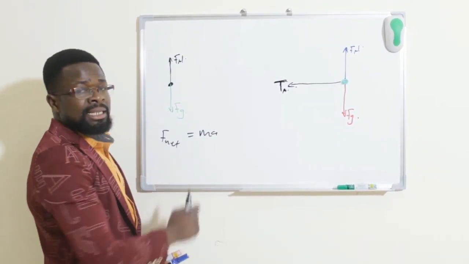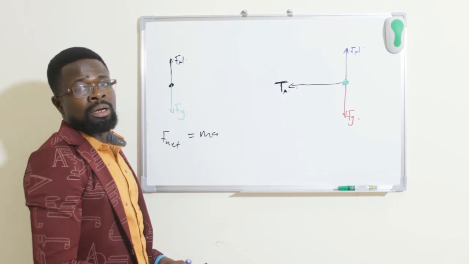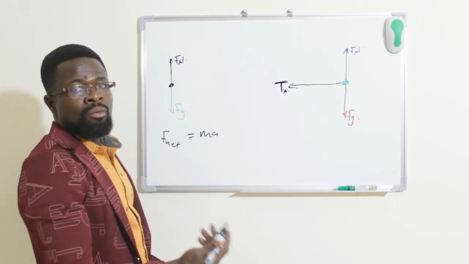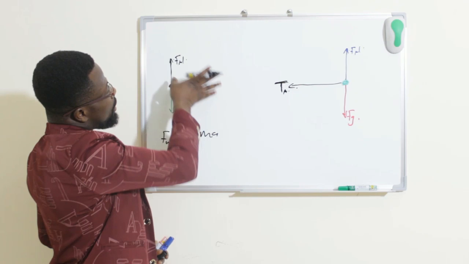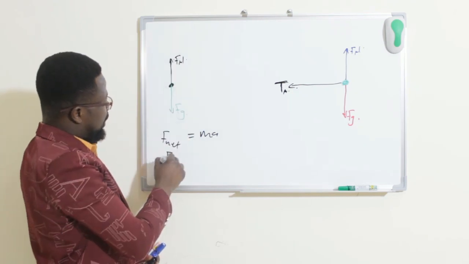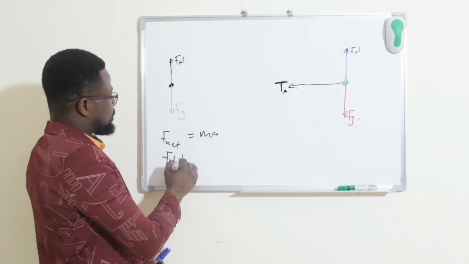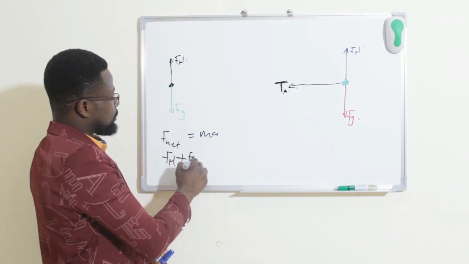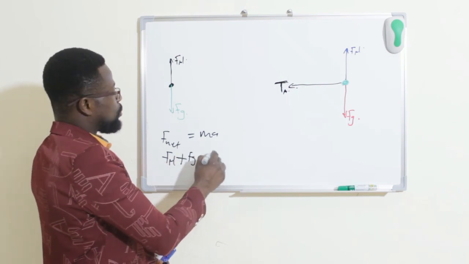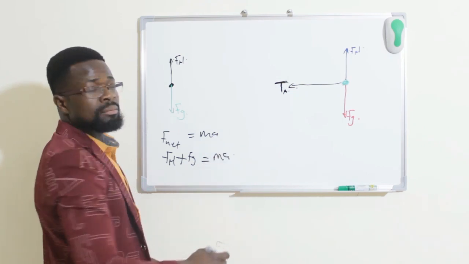And F net is the sum of the forces acting on an object. What is the force here? It is Fn. And what is the force here? It is the weight, Fg.